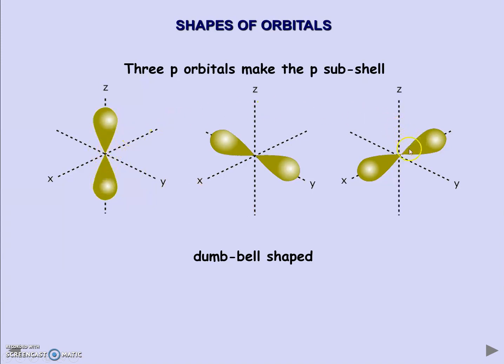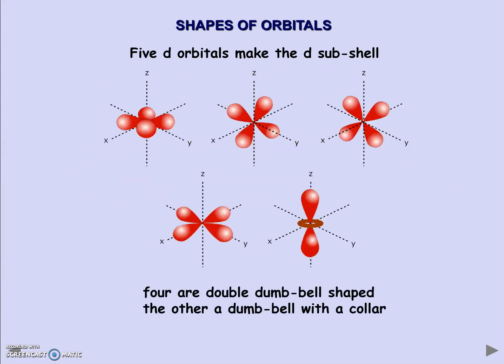So that means the P subshell can hold 6 electrons. These are said to be called dumbbell shaped, although a funny looking dumbbell to me. But you need all 3 p orbitals to make a p subshell.